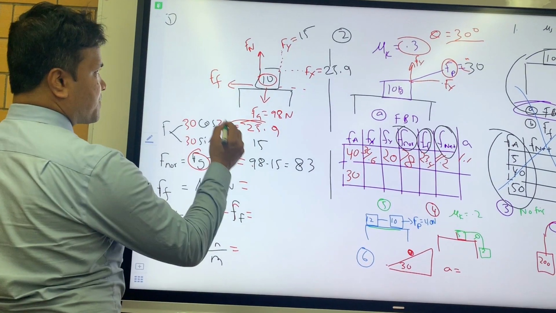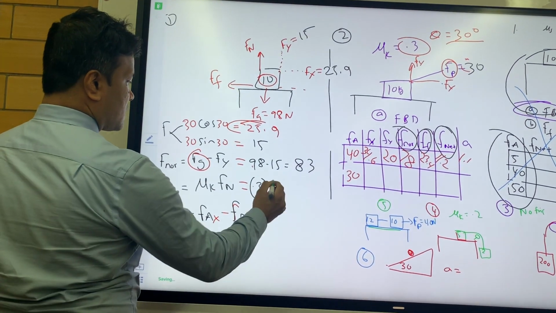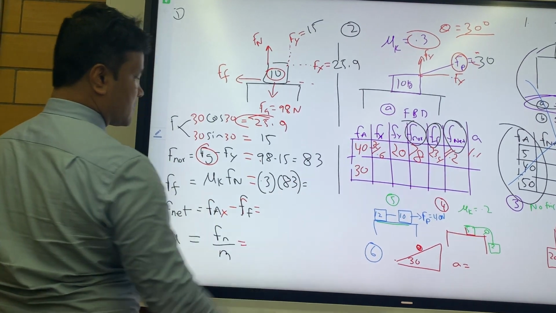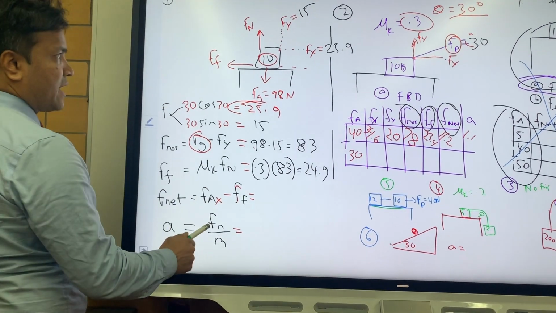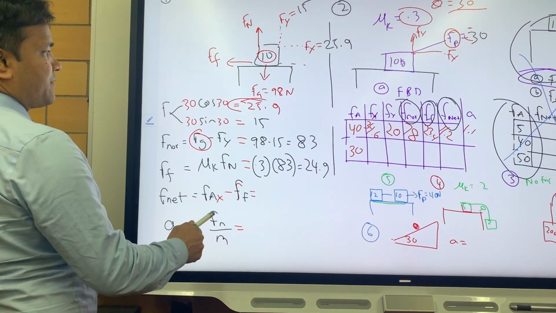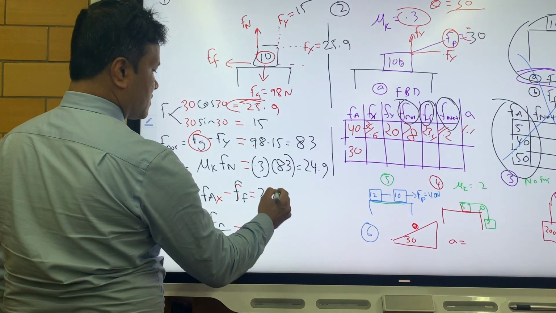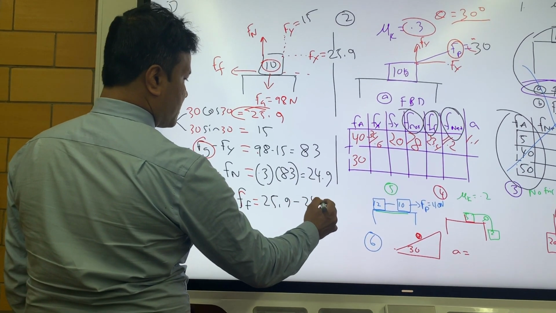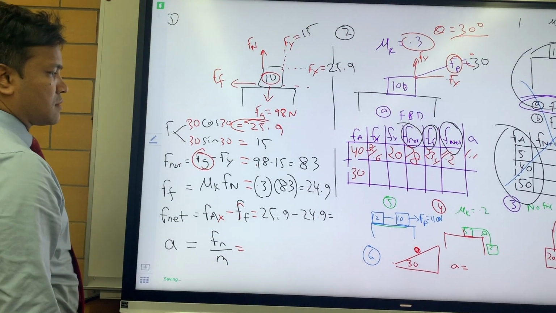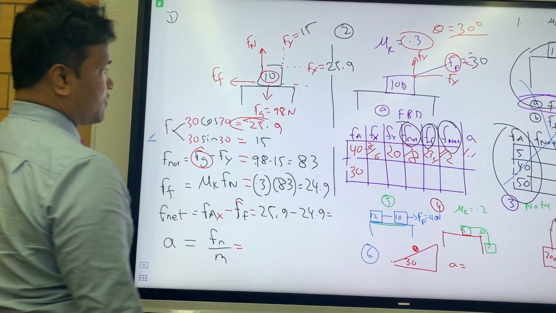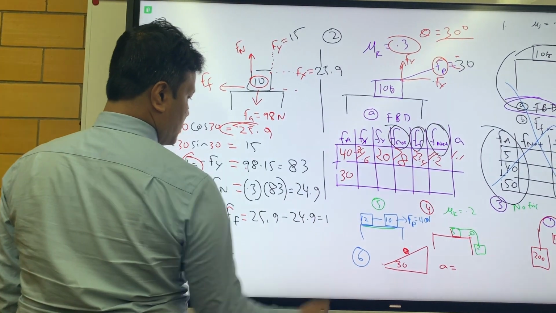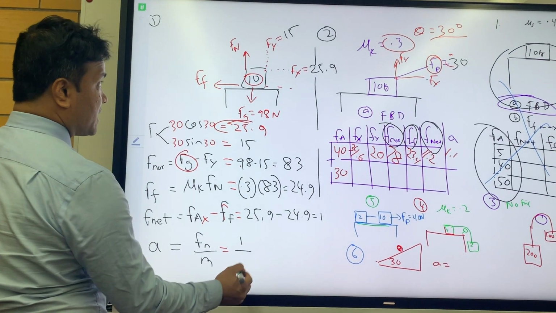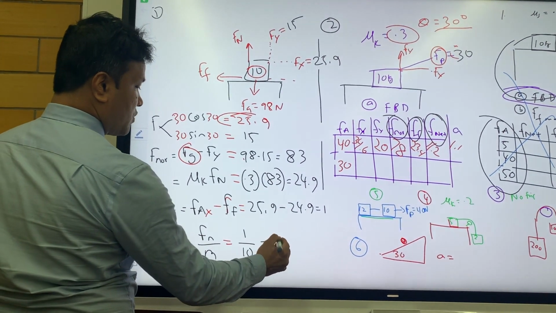Now mu k is 0.3 times 83, that's 24.9. And Fax is 25.9 minus 24.9. 1. What a coincidence. Okay, 1 divided by 10 is 0.1.